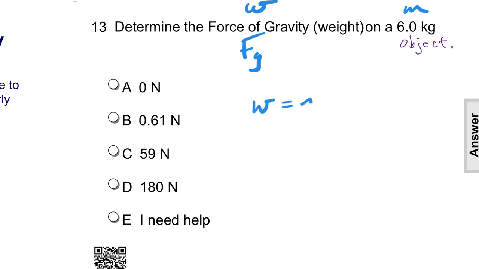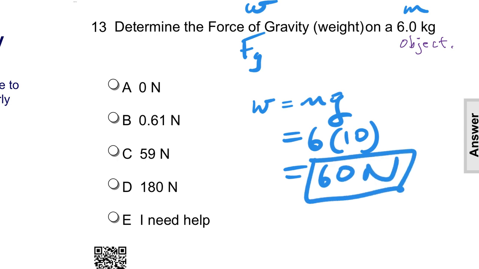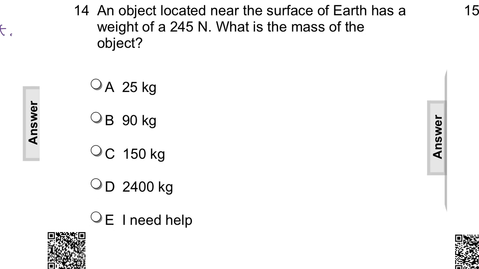So weight equals mg, or Fg equals mg. That equals the mass times 10, 9.8, comes out to 60. The units will be newtons. They get 59 because they're using 9.8. We use 10. Okay, these are easy.